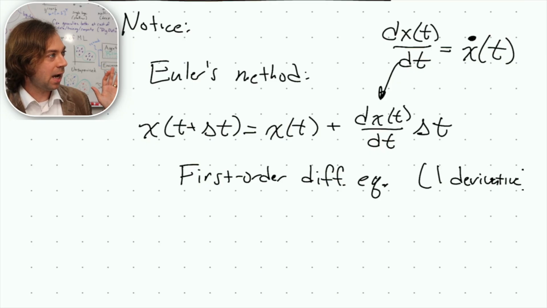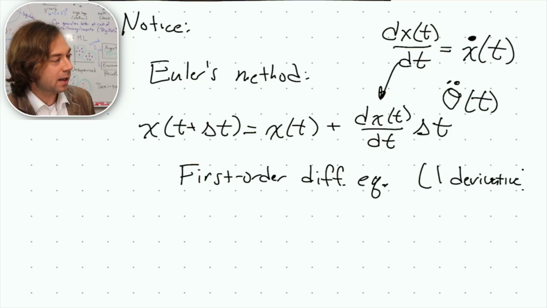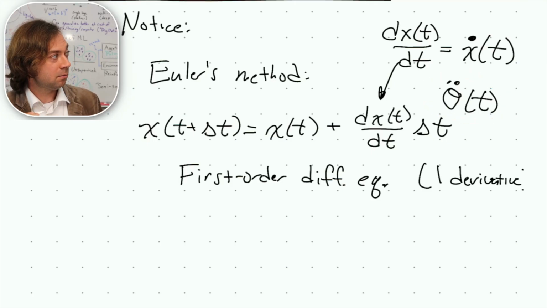That's a common notation: for every time derivative, you put a dot. So for that equation up above, we would have written theta double dot of t. If it's a position variable that you're taking the derivative of, the first derivative is going to be your velocity. Your second derivative is going to be your acceleration.